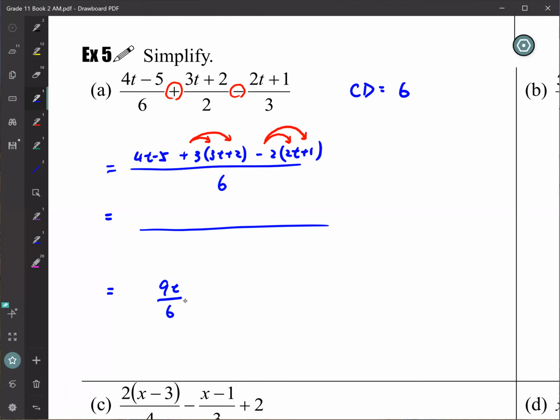Okay, it's okay, you tell me now. So what do I need to write? 4t take away 5, plus 9t plus 6, and then take away 4t, and it's supposed to be take away 2. Yeah, take away 2. Okay, so very good. So check again, and let me know if you get a different answer.